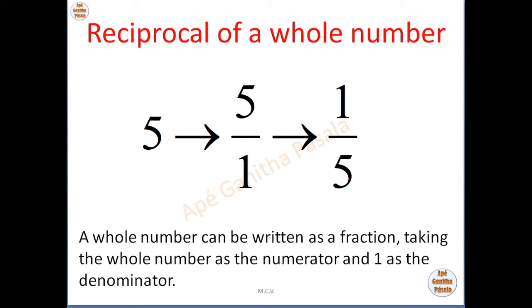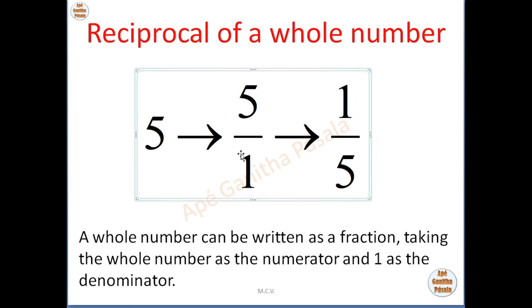Now, let's see how to get the reciprocal of a whole number. Here the whole number is 5. You know, below all the whole numbers, denominator 1 is there. 5 divided by 1 means 5.